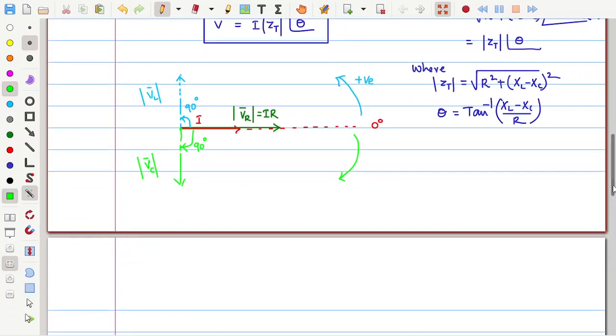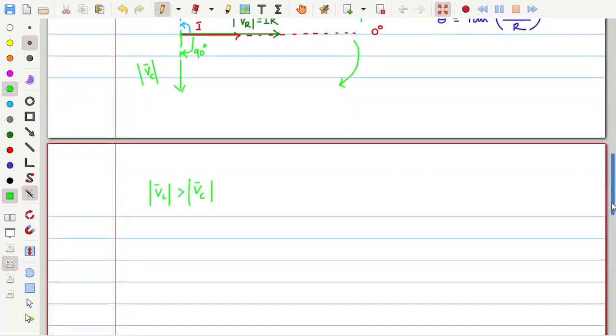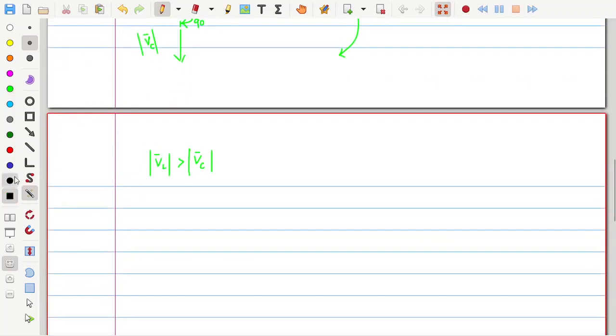Now for example, if somebody told you that VL is having more value than VC, just for this case I want to show the phasor diagram. So I have already VR magnitude, and now VL is on the top side, VC is on the bottom side.